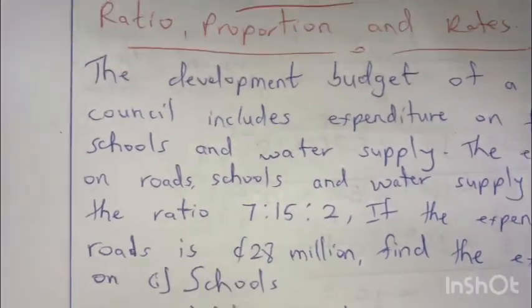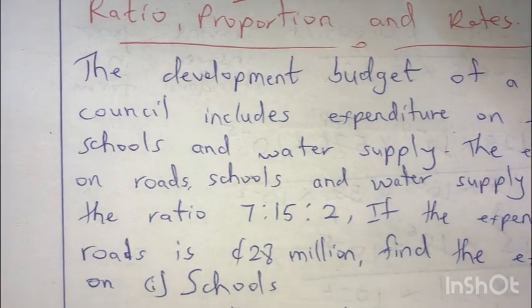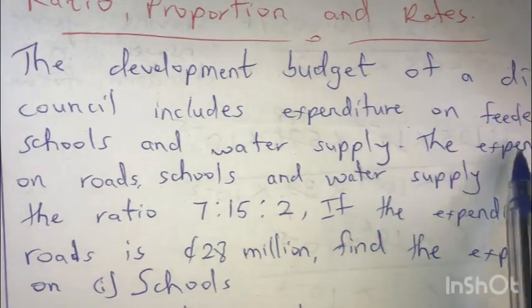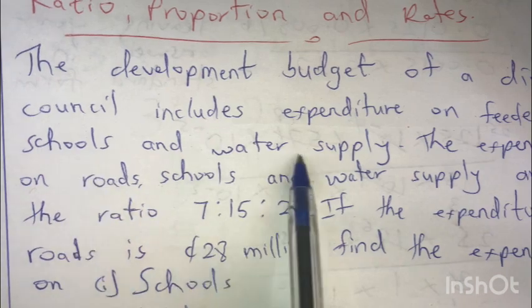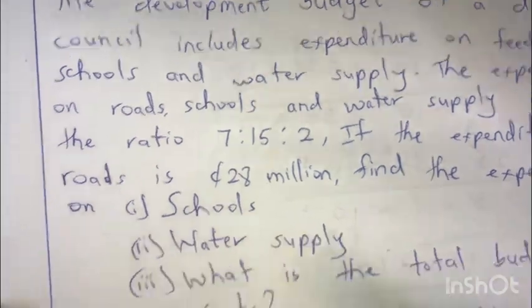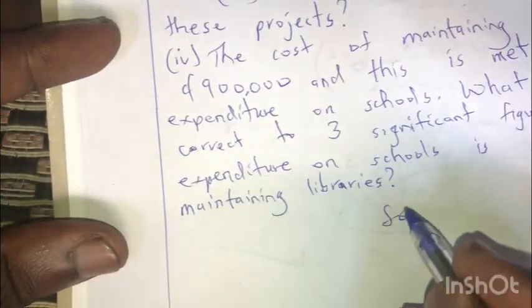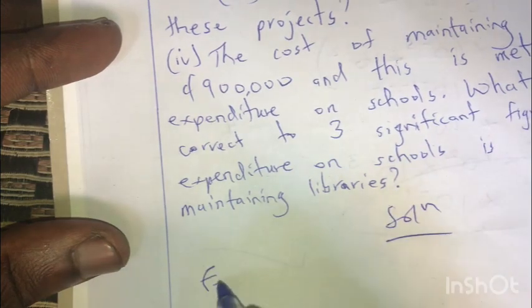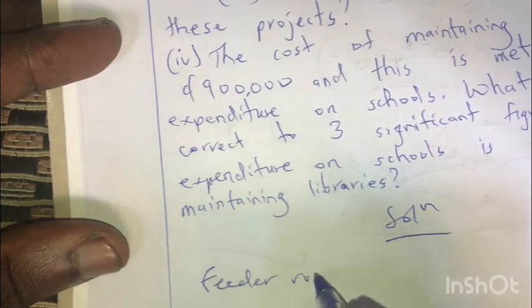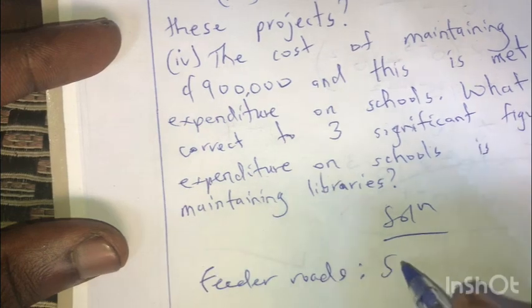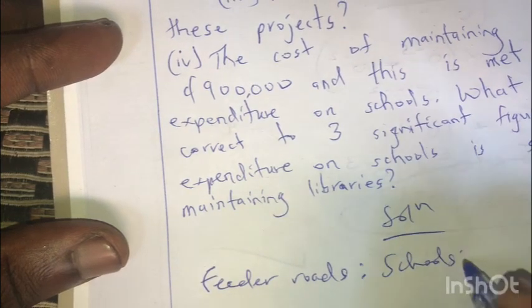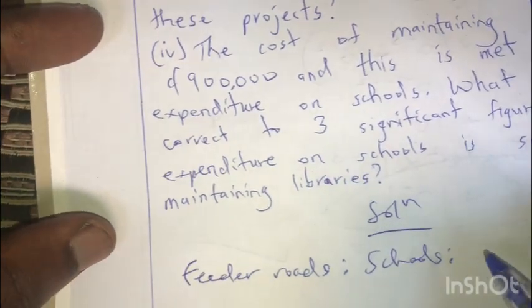So what the question is saying is that the expenditure on feeder roads, schools, and water supply should follow like that. So solution: feeder roads is to schools is to what?